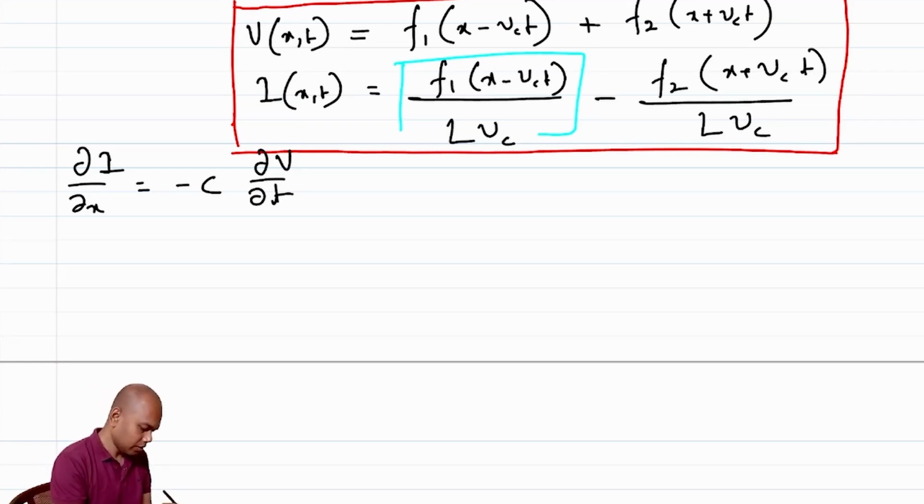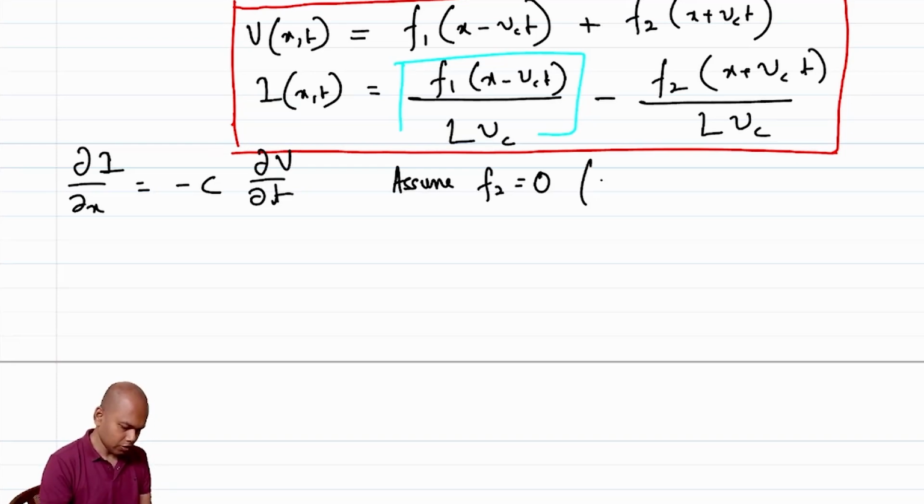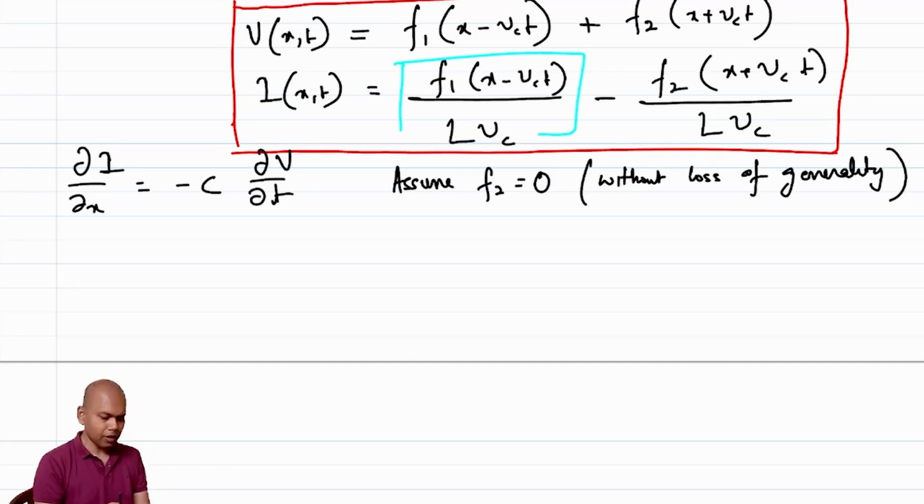So I'll just do it on f1. This is without loss of generality. You can do whatever I am going to do with f2 also, or you can combine them and do it also. It will not make any difference in the final output, I mean the value of VC.